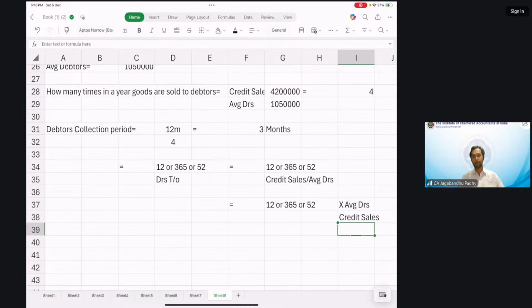Got it, guys? So that's your debtors collection period. So you can have the formula as this one or even this one.